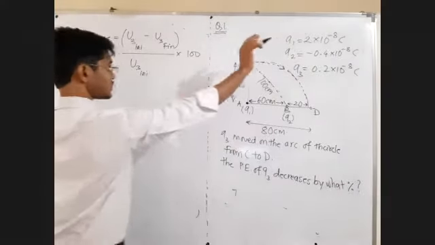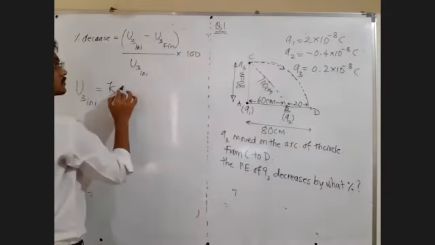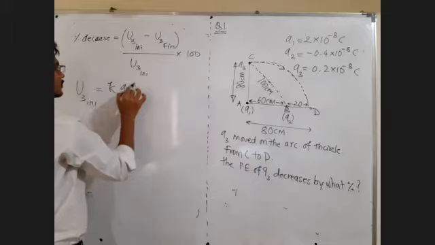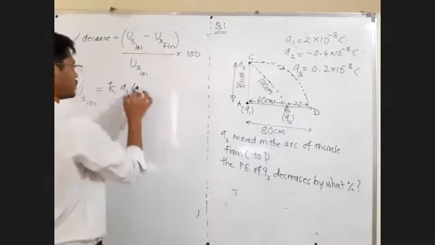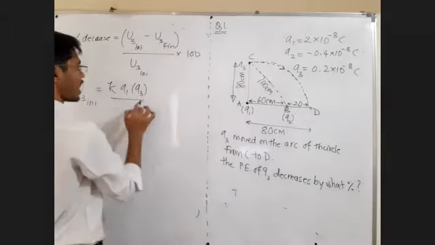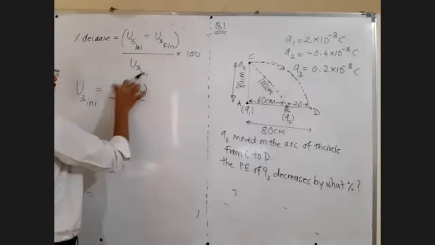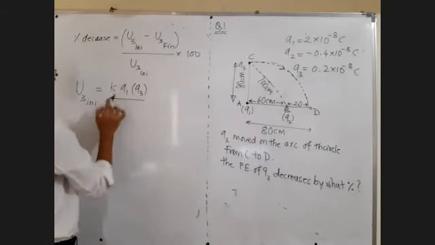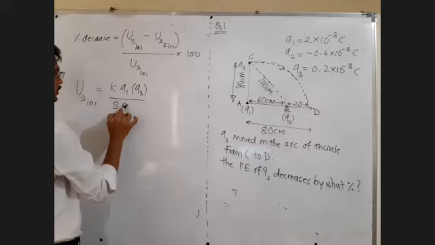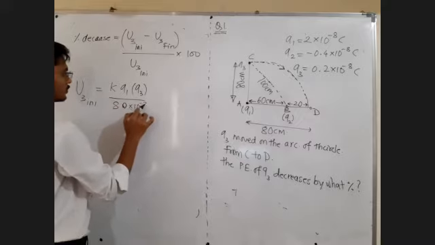Q1 is some value given to us. Q3 some value is given to us. R13 is 80 centimeter, 80 into 10 raised to minus 2, write it down.